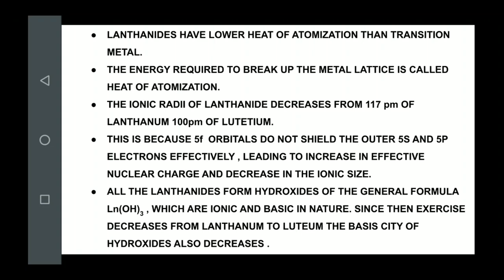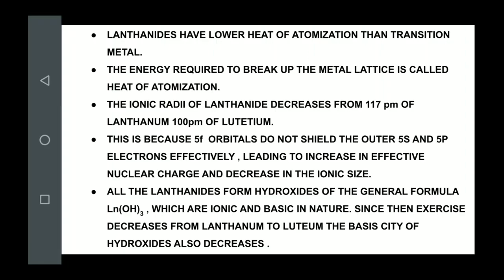What is this enthalpy of atomization? The energy required to break up the metal lattice is called the heat of atomization or enthalpy of atomization. So lanthanoids have lower enthalpy of atomization compared to d block elements.